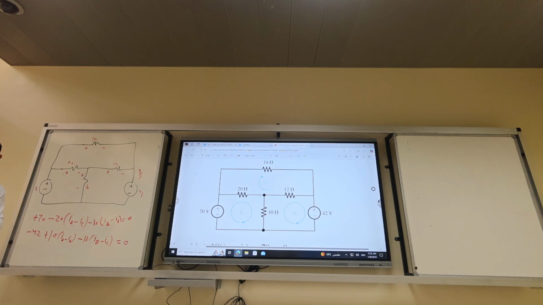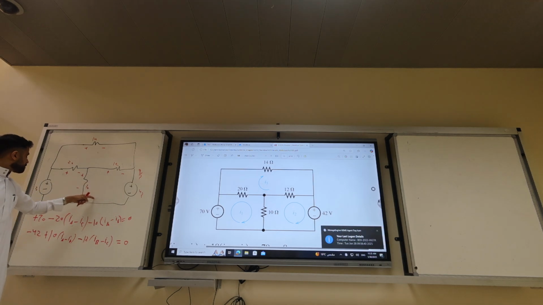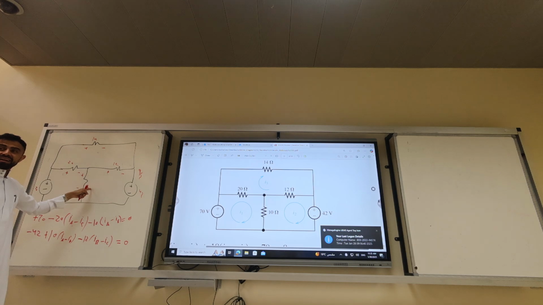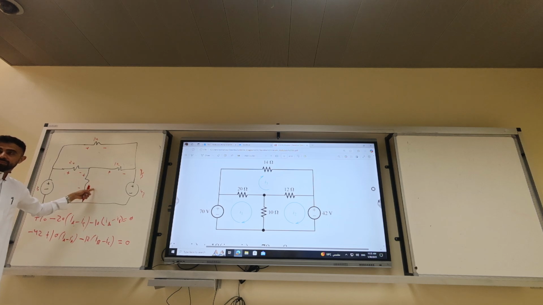Yes. Both methods are correct, whichever sign you put first. So if you want to use Dr. Atiya's method, this would be plus 42 minus 10. But what's the current? Still IA minus IB. So in both methods you made this mistake.